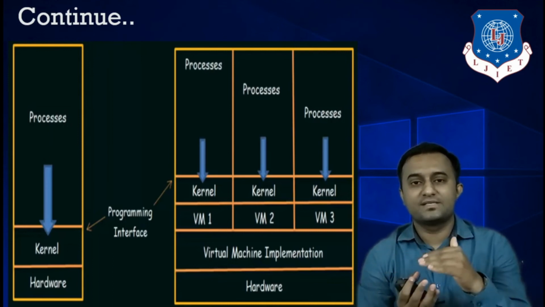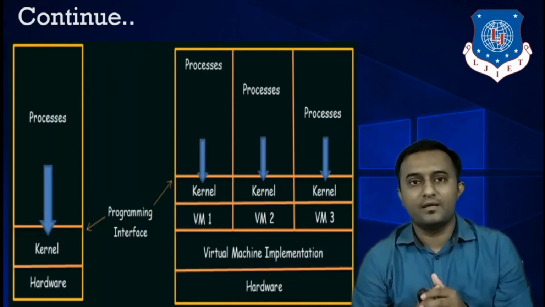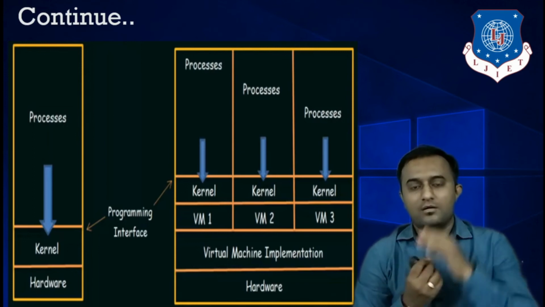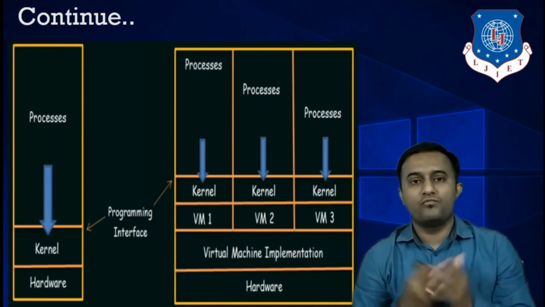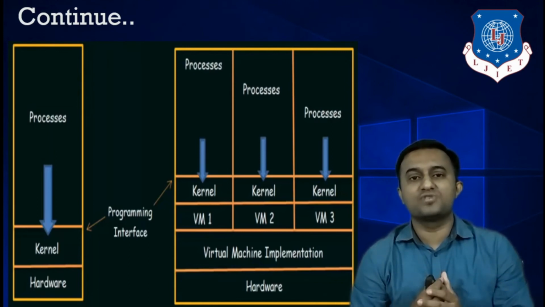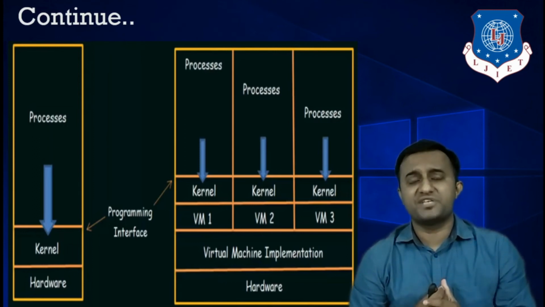Once you have this hierarchy in your mind, now you can think about it. On the primary side, we have the Windows operating system. We have two types of mode in an operating system: one is user mode and the second one is kernel mode, which we already understood in the previous sessions.